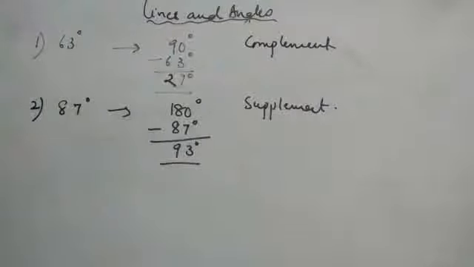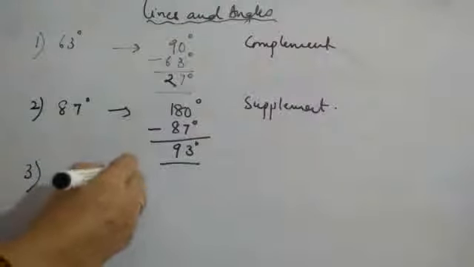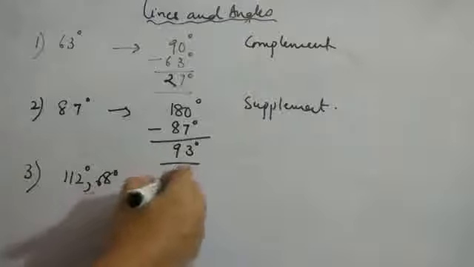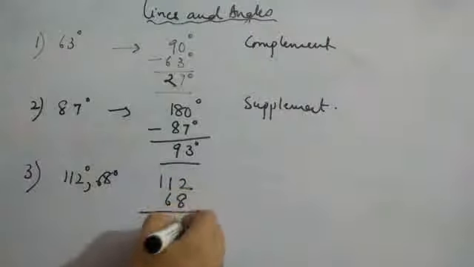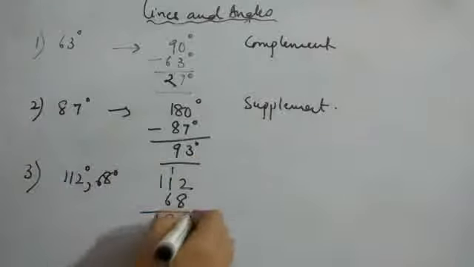Now you may be asked to check, a pair of angles is given and you may be asked to check whether it is a pair of complementary or a pair of supplementary angles. So see the example. Suppose you have a pair 112 and 68. You will add and see. 8 and 2 is 10, 6 and 1 is 7, and 1 is 8: 180 degrees.